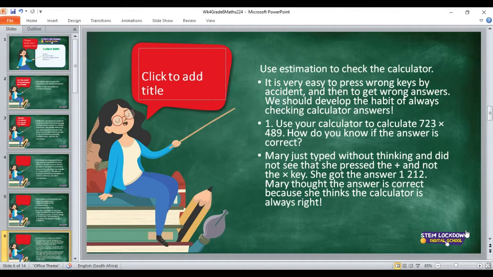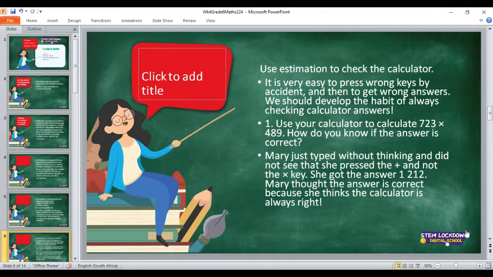Because the plus sign is right next to the times sign, it will give you the wrong answer. The correct answer would then be 356,040. That would be the correct one.